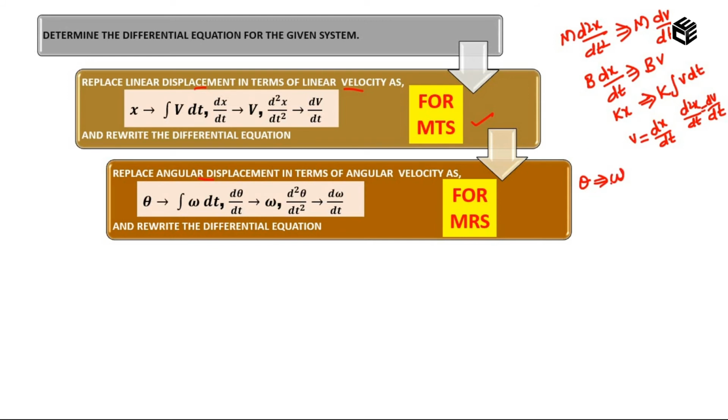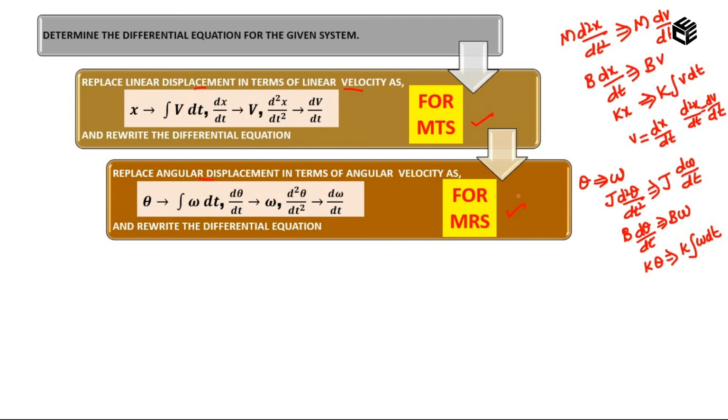Instead of m, we write J. So J into d square theta by dt square is replaced as J into d omega by dt, b into d theta by dt can be written as b into omega, and k into theta can be written as k into integral of omega dt. Understood? So this is for mechanical rotational system.